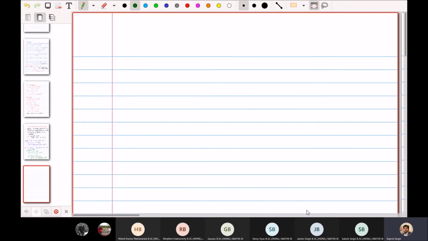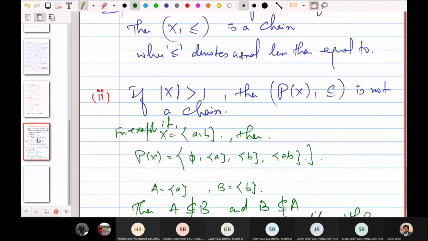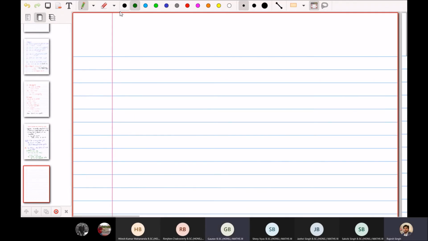What about set of naturals with usual less than equal to? Is it a chain? Sorry, set of naturals with division. अभी division कराया ना हमने? Yes. No, sir.